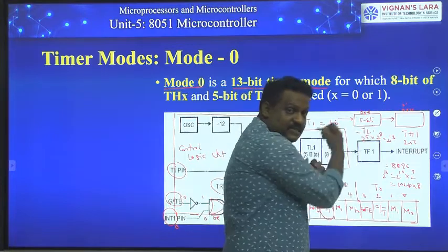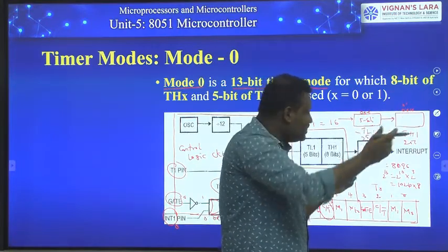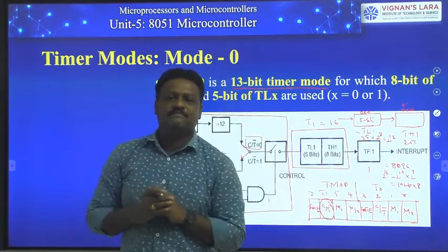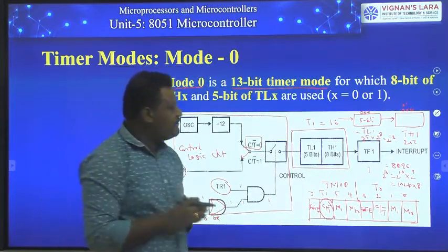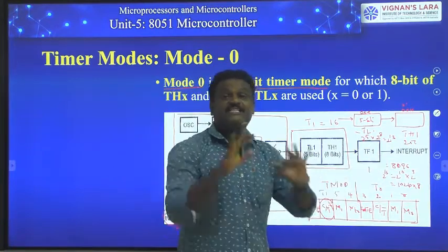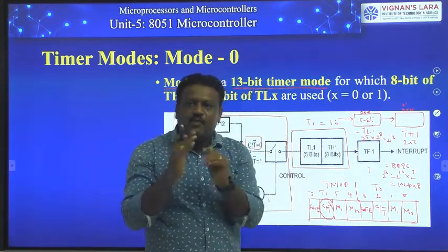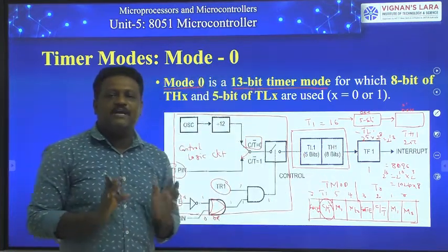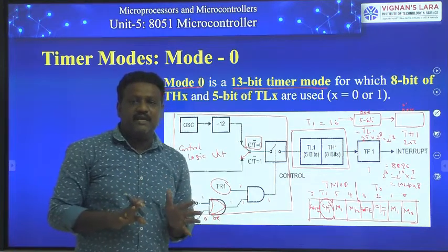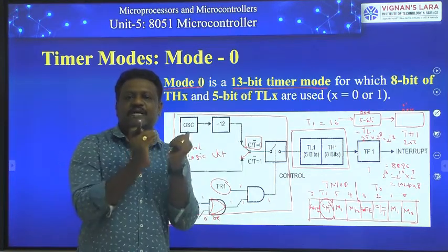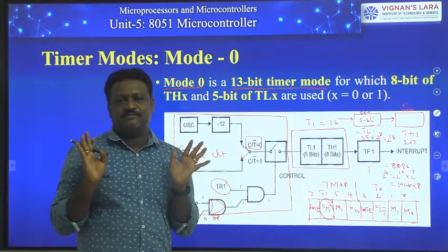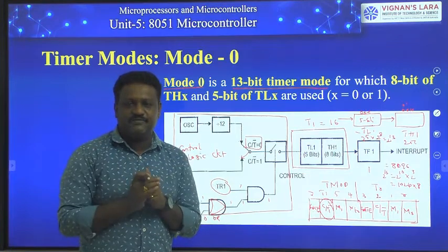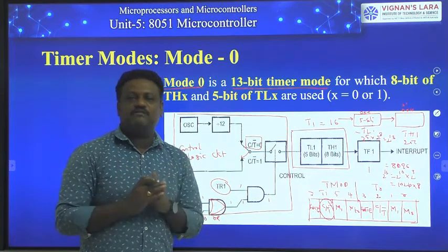At that time this timer 1 generates the overflow condition, represented by TF1, that is TF1 becomes 1. So for every 8K clock pulses counted, your timer will generate an overflow condition in mode 0 operation. That is important, friends. I hope you understand the mode 0 operation of timers in 8051.